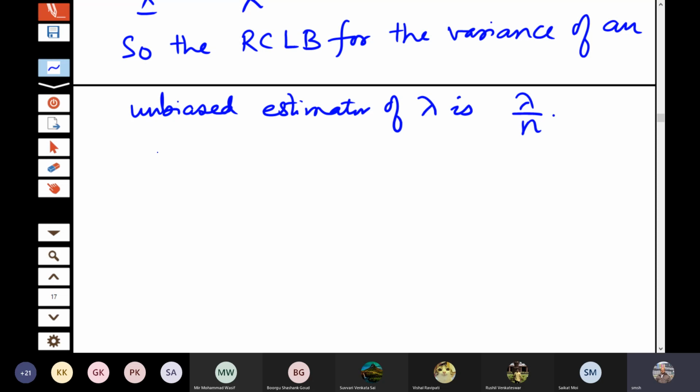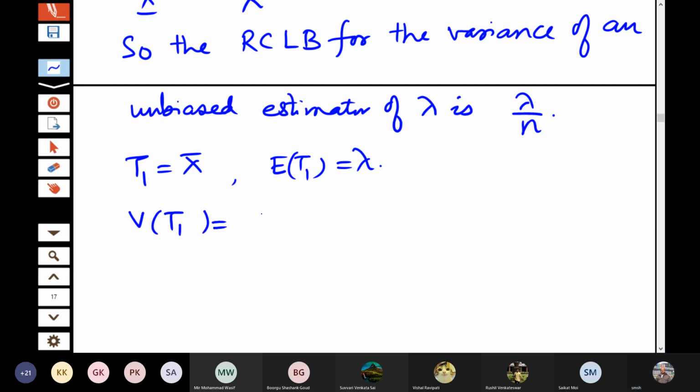So you remember the estimators for the Poisson case. I had considered x bar, s square, and so on. So if I consider x bar, so let me write here. T1 was x bar. So expectation of T1 was lambda. What is variance of T1? That is lambda by n, which is equal to this quantity.